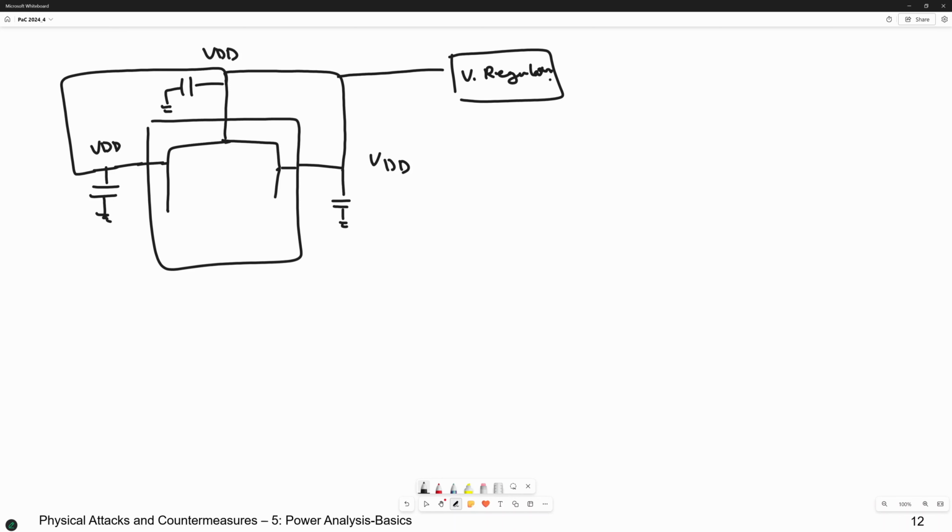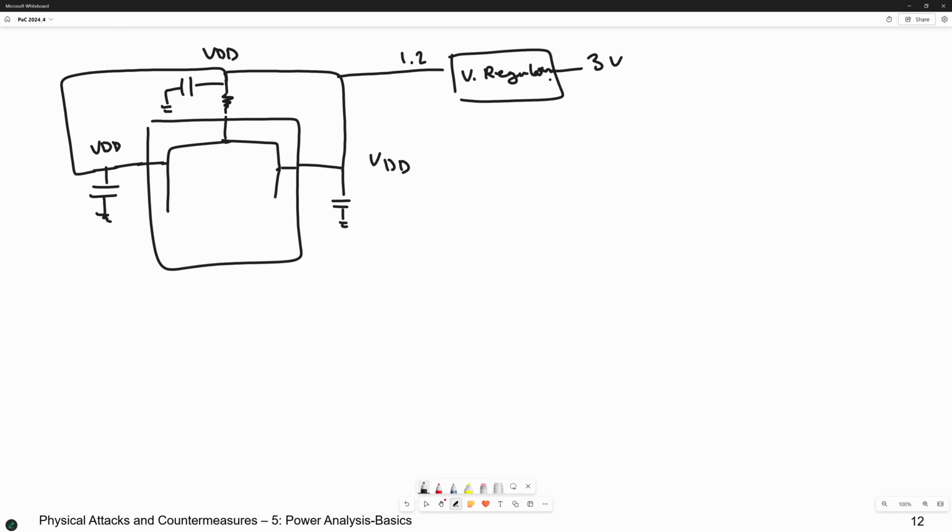For example, it gives you 1.2 volt. The input, for example, is 3 volt, and some other devices close to the voltage regulator give you a stable 1.2 volt. If you put a resistor here, this doesn't work.